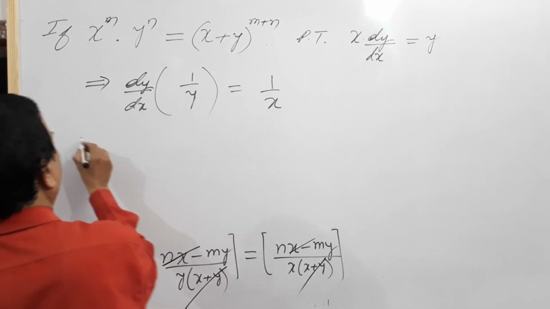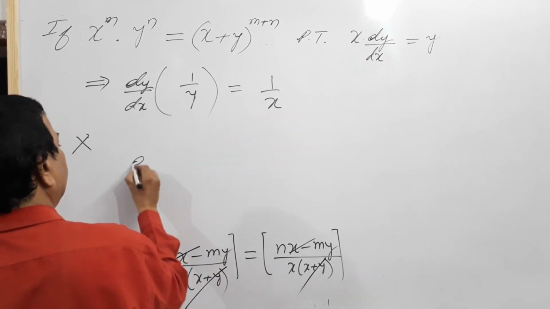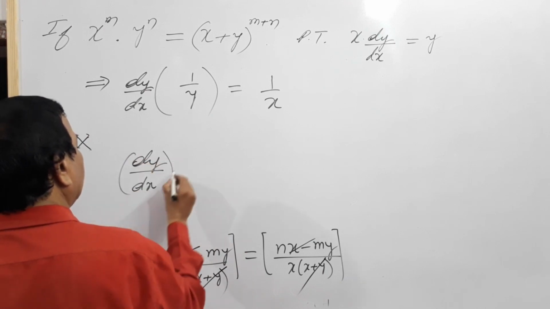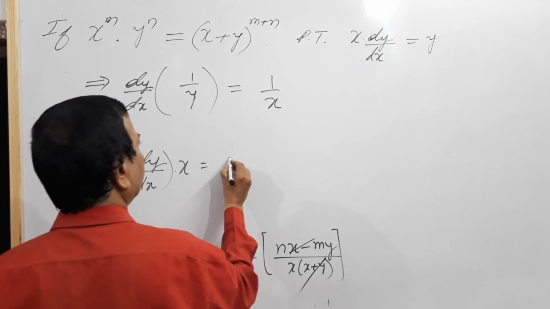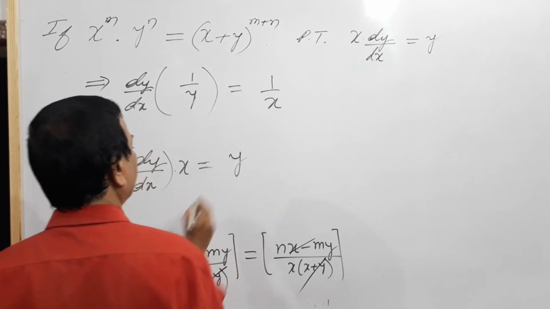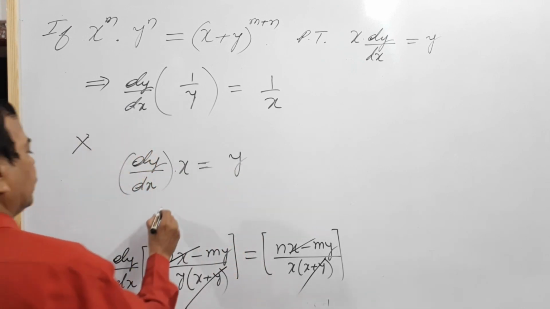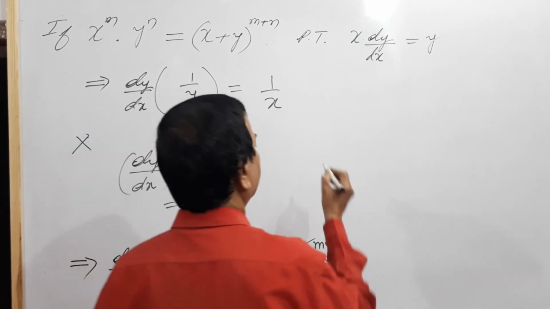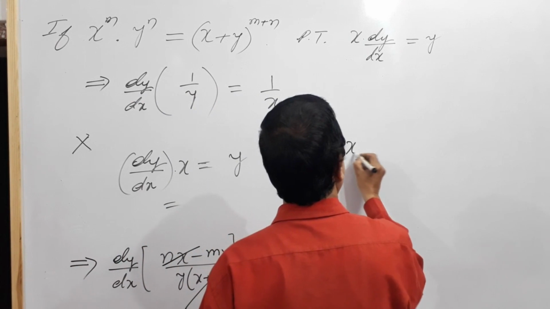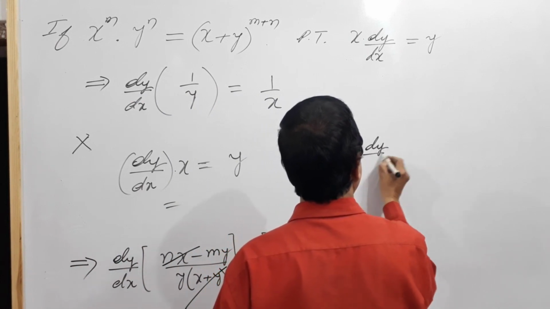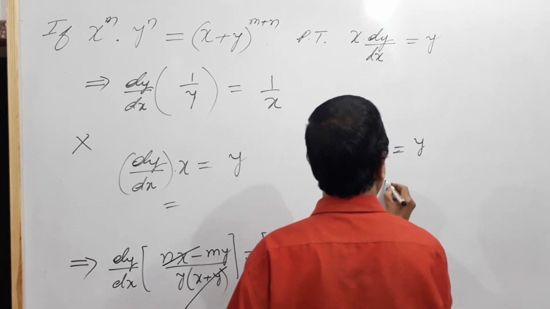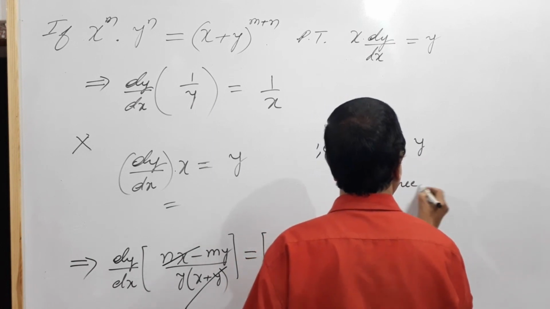So by cross multiplying again, this becomes dy by dx into x equals to y. So this is proved. That is, by rewriting, x into dy by dx equals to y. Hence proved.